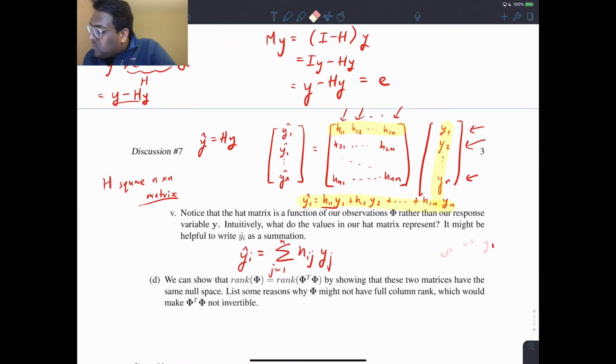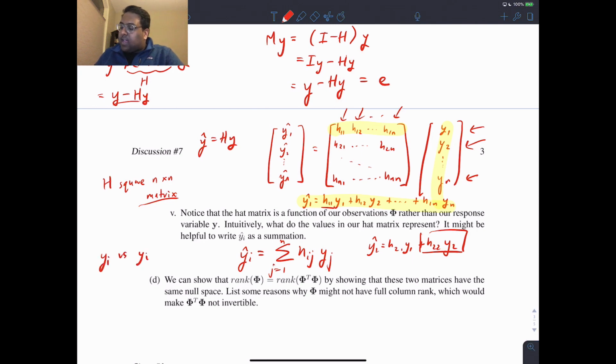Similarly, if I were to write out this expression for y hat 2, I'd have h21 y1 plus h22 y2, right? So the thing I'm multiplying y2 by in this summation is h22, right? And again, we care about the relationship between yi and y hat i, and not so much about the relationships between other actual and predicted.